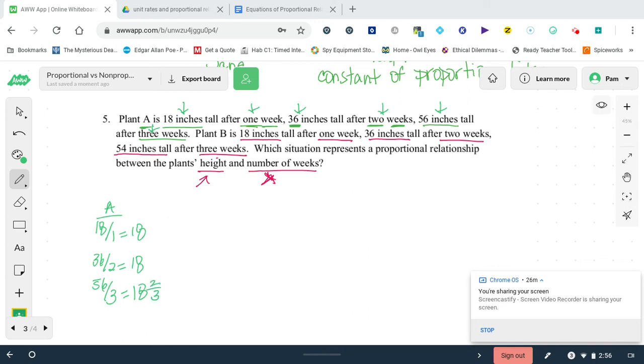I'm going to go ahead and put the units on these. This is 18 inches per week, because it's talking about inches and weeks. This was 18 inches per week.